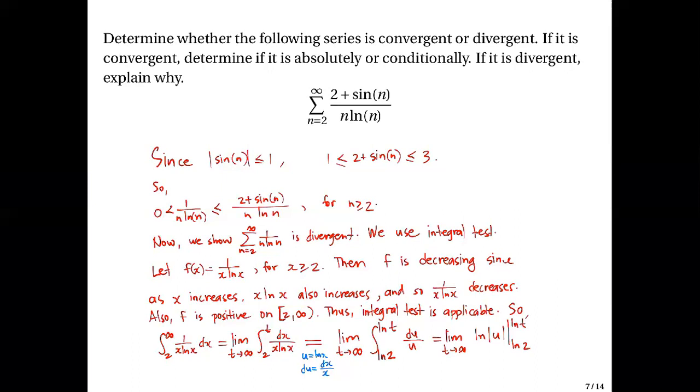And this gives us the limit as t approaches plus infinity of ln of the absolute value of ln of t, minus ln of 2. And as t approaches plus infinity, ln of t will go to plus infinity. You get the absolute value. Ln of something going to plus infinity will still go to plus infinity.